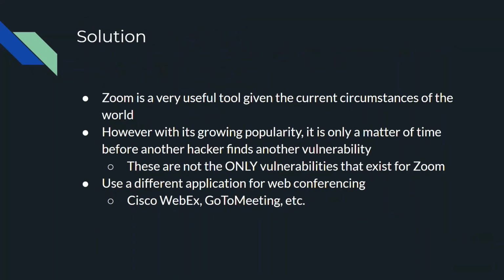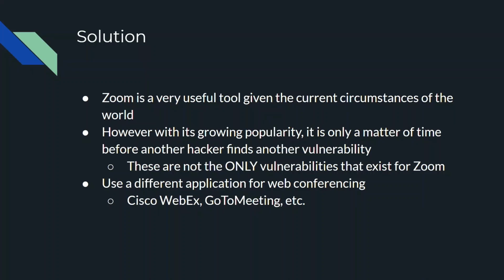So our solution: Zoom is a very useful tool given the current circumstances of the world. Zoom is a great free tool for online web conferencing for schools, work, pretty much any large group. If you want to talk to your friends, it's great because it's free. However, with its growing popularity, it's only a matter of time before another hacker finds another vulnerability.